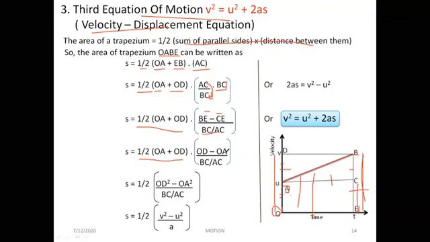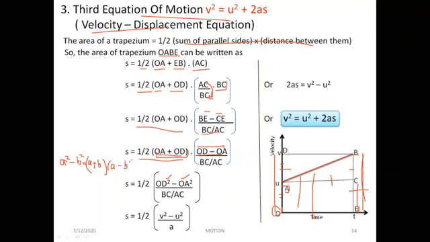CE को हम लोग OA लिख सकते हैं. Now we get that we multiply this OA plus OD into OD minus OA. A plus B and A minus B. We get A square minus B square. हम लोगों के पास ये फॉर्मूला है ना, A square minus B square is equal to A plus B into A minus B. ये फॉर्मूला हम लोगों को मैथ्स में भी देखने को मिलता है.